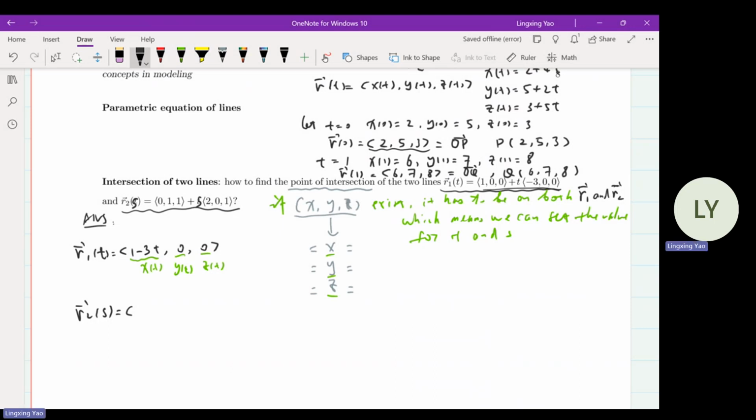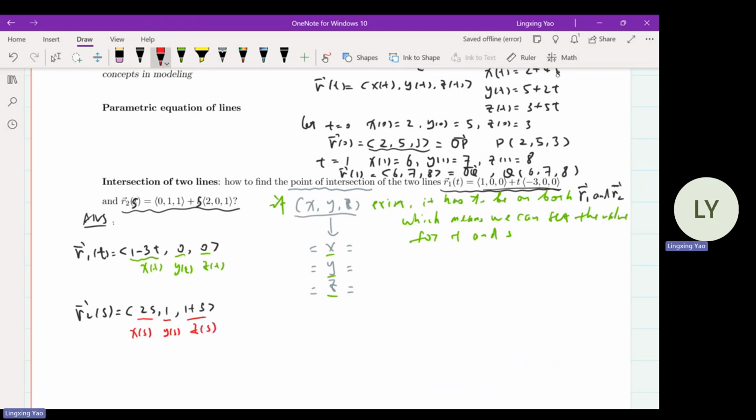R2 of s is 0 plus 2s, and 1 plus 0, so it's just 1, and then the third component is 1 plus s. So here, this is x of s, and this is y of s.